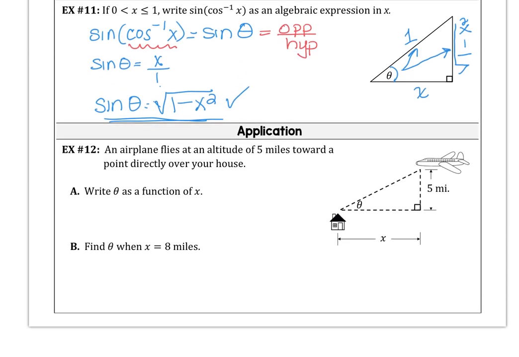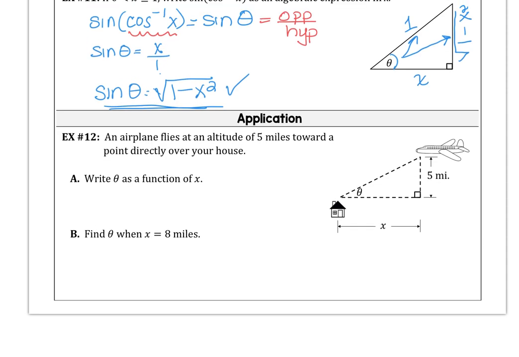Example 12, it's a little practical application. An airplane flies at an altitude of 5 miles toward a point that's directly over your house. We want to write theta as a function of x, so that shouldn't be too hard. Theta would be, what do we have? We have the opposite and we have the adjacent, so that sounds like tangent to me.